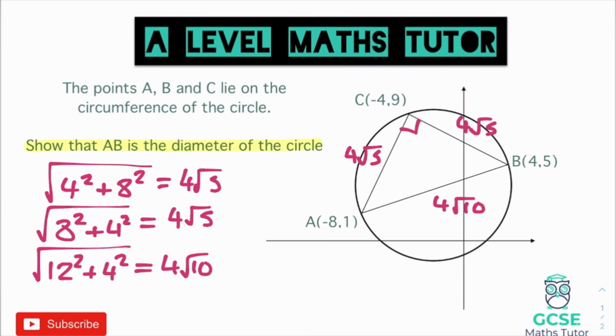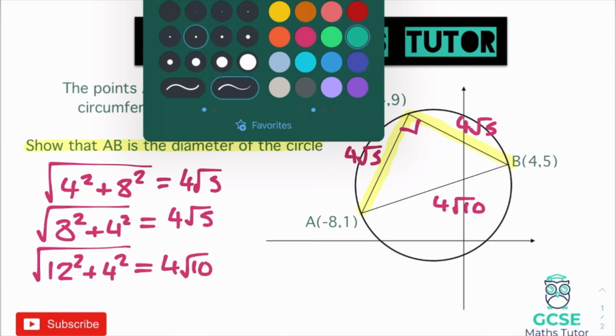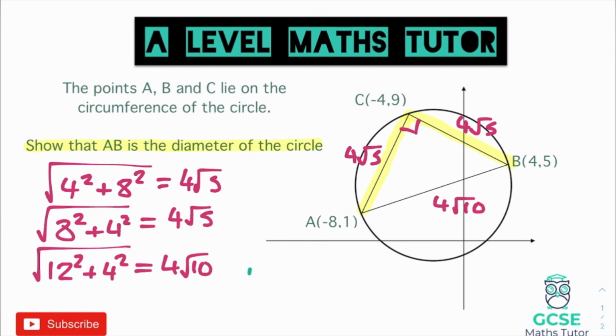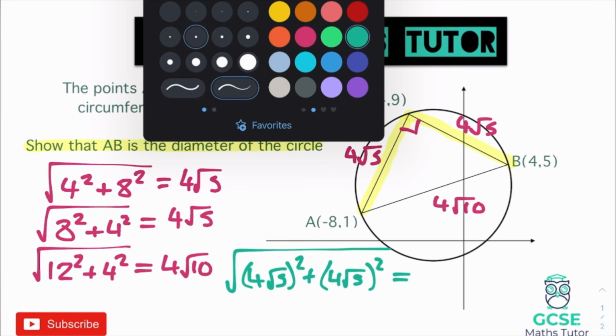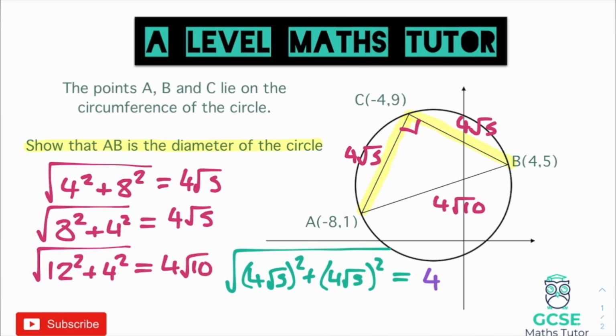If this triangle is right angled, then if we were to square both of these sides and square root the answer, it would have to match the length of the diameter. So if we go about doing that, 4 root 5 in brackets squared plus another 4 root 5 in brackets squared, and if we square root all of that and we type that into our calculator, we get the answer 4 root 10.